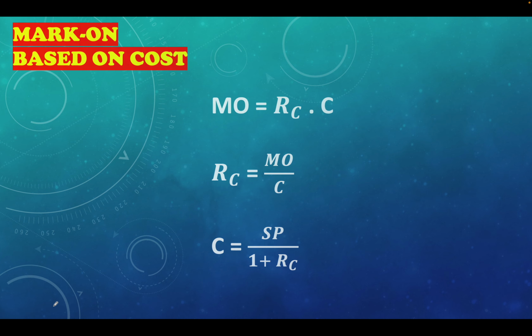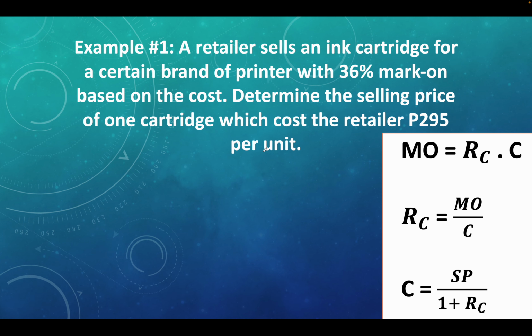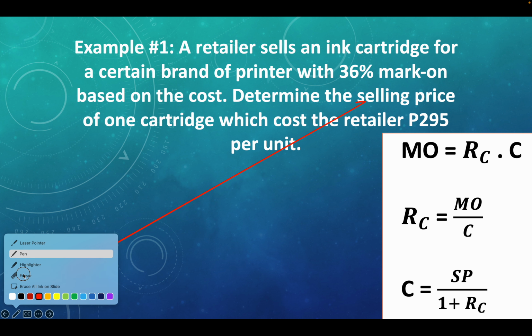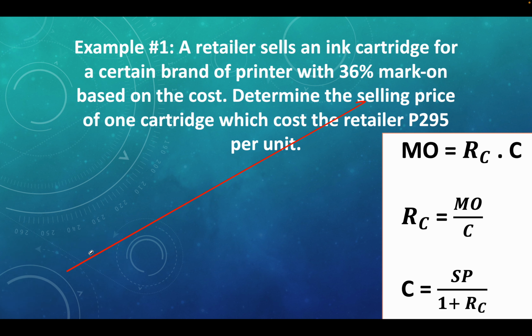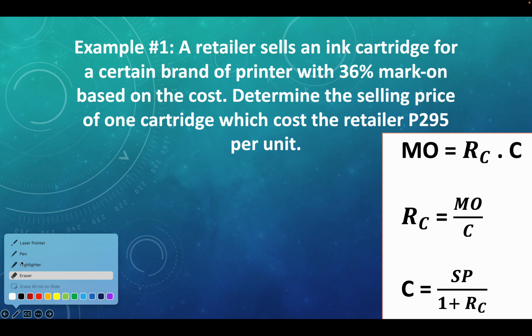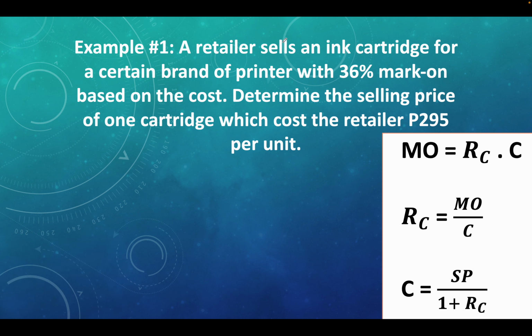So let us have our first example here. A retailer sells an ink cartridge for a certain brand of printer with 36% mark-on based on cost. Determine the selling price of one cartridge, which cost the retailer 295 per unit. So first, identify muna natin yung given natin.